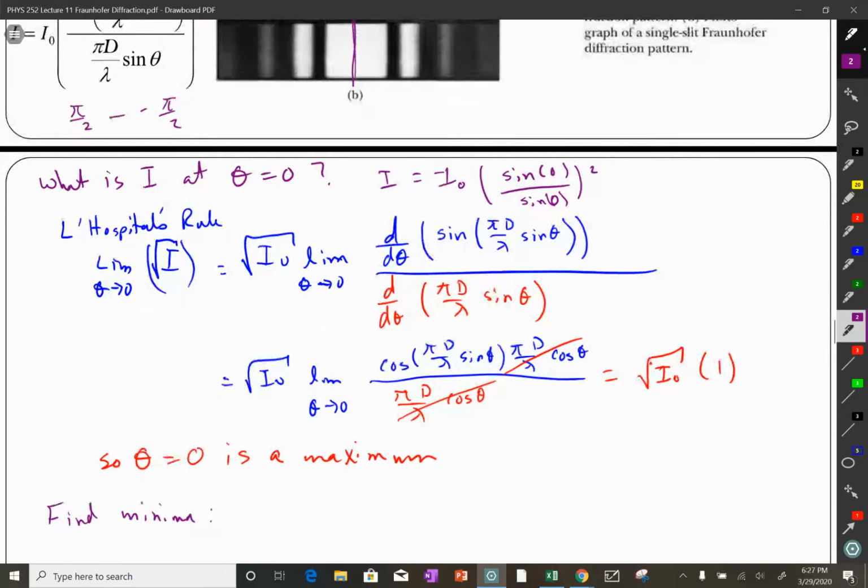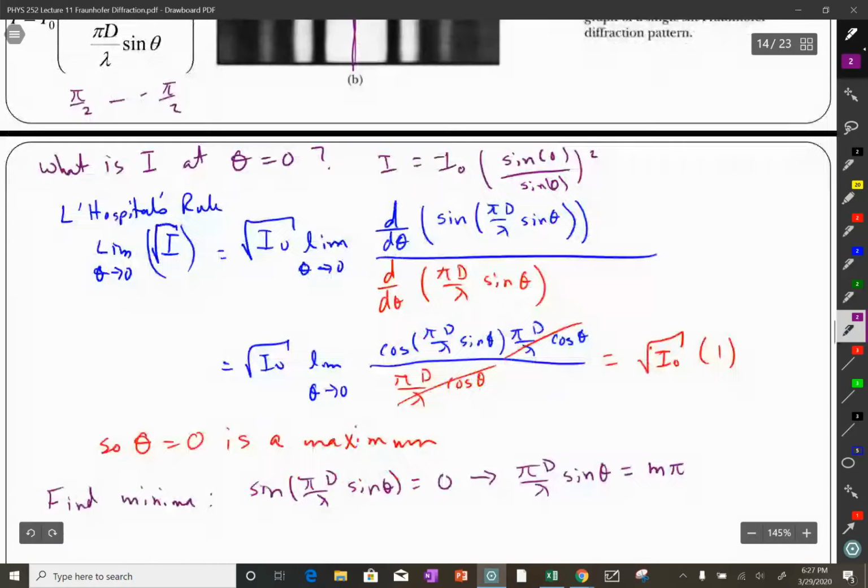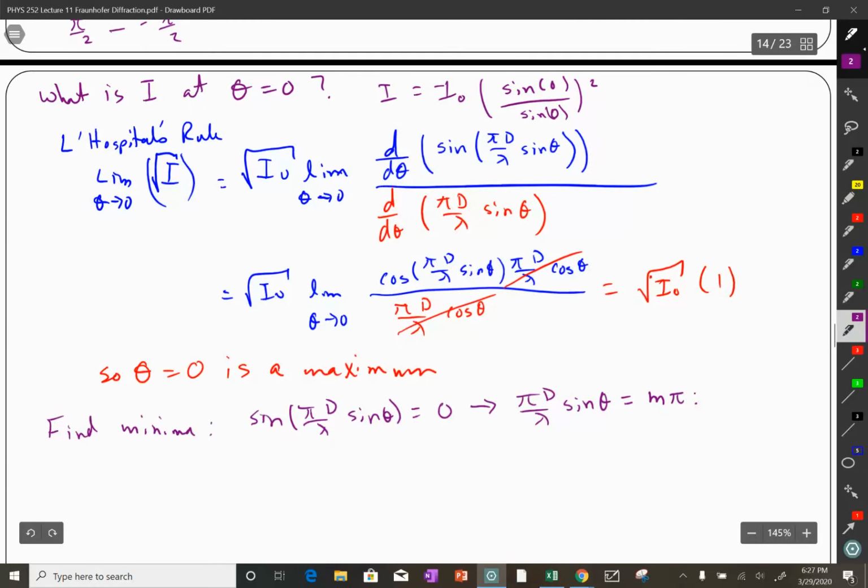So for the minima, we need sine of pi d over lambda sine theta equals 0, which has then the requirement that pi d over lambda sine theta is equal to an integer multiple m of pi, where m can't be 0 because we just ruled it out for a minimum.